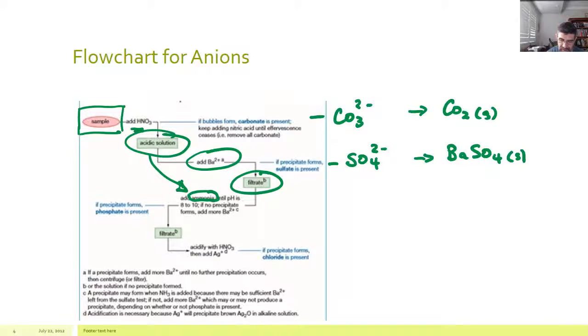The addition of the ammonium ions starts to counter the H+ ions, and so we try and raise the pH. Once we do that, we add additional barium ions, and if we get a positive test, we know that we've pulled out the phosphate ions as a barium phosphate.